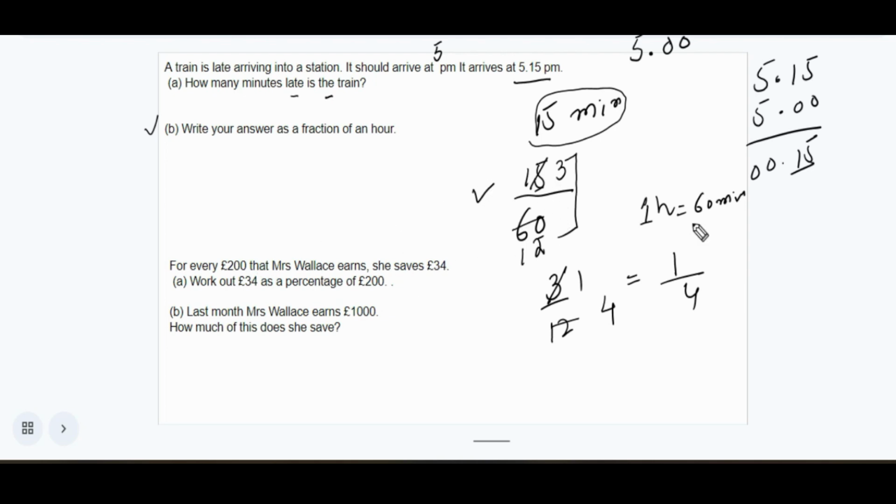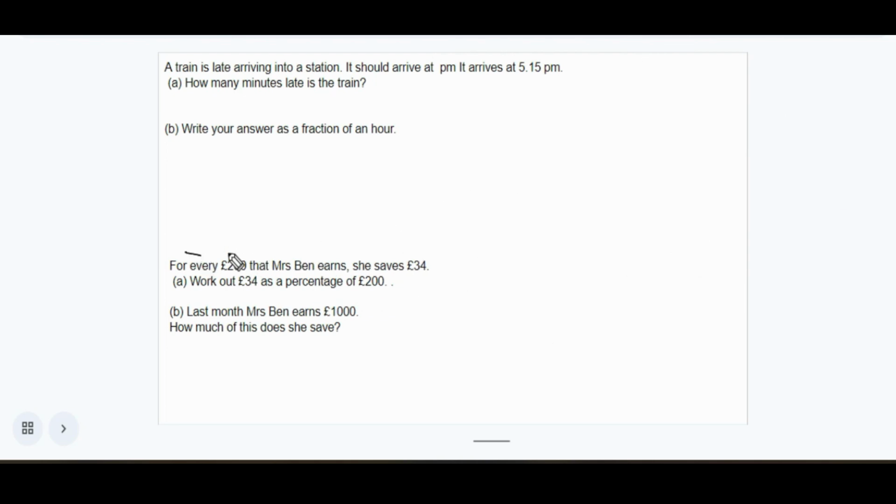Now look at the next question. For every 200 pounds that Mrs. Ben earns, she saves 34 pounds. Work out 34 pounds as a percentage of 200. As I already told you, whenever you need to find a percentage, first you need to find the fraction. The fraction means 34 out of 200.